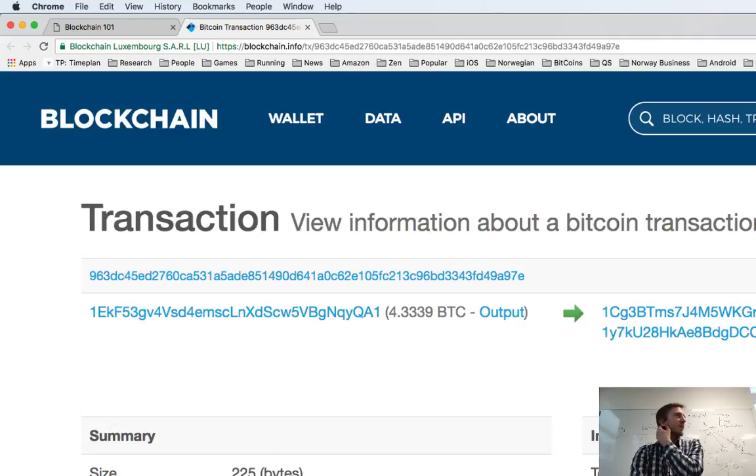Which one looks more likely as a payment and which one looks more likely like a change? Well, it's kind of hard to say. Usually the smaller one is the payment. Here the smaller one is actually quite a nice number, it's 333. So it's hard to say which one is the payment, but likely this is the change and likely this is the payment, but you don't know.